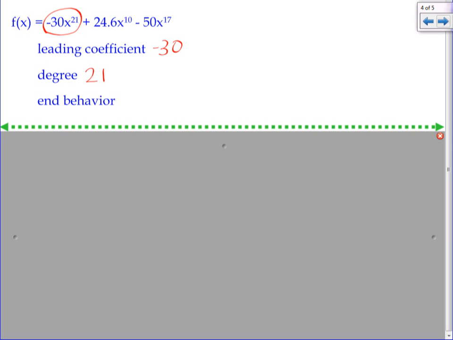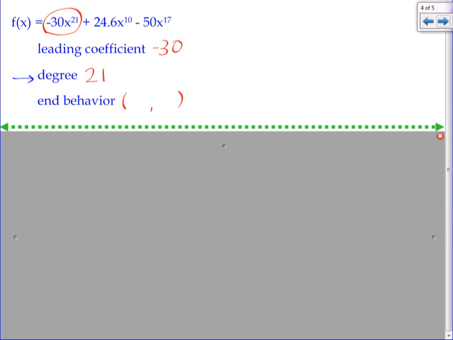So now they want the end behavior, which means we're just going to write what 2 directions the arrows are going to go. So we have our degree. What are we talking about? Positive, negative, even, odd? What information are we taking from the degree? The degree, we're looking at odd versus even.